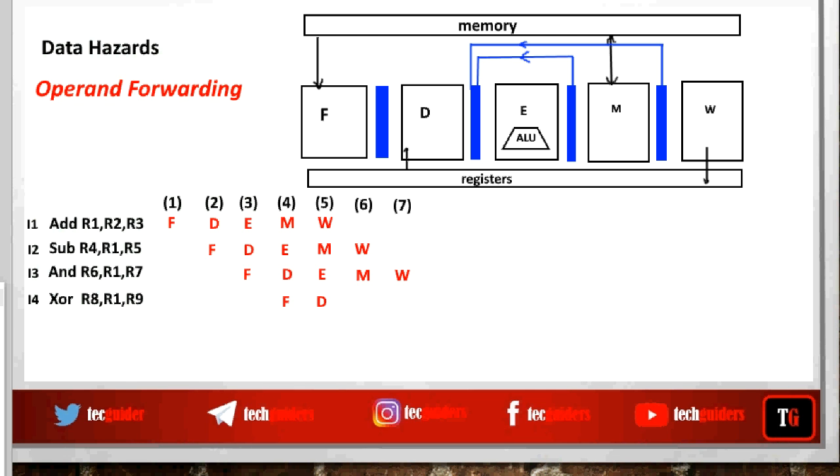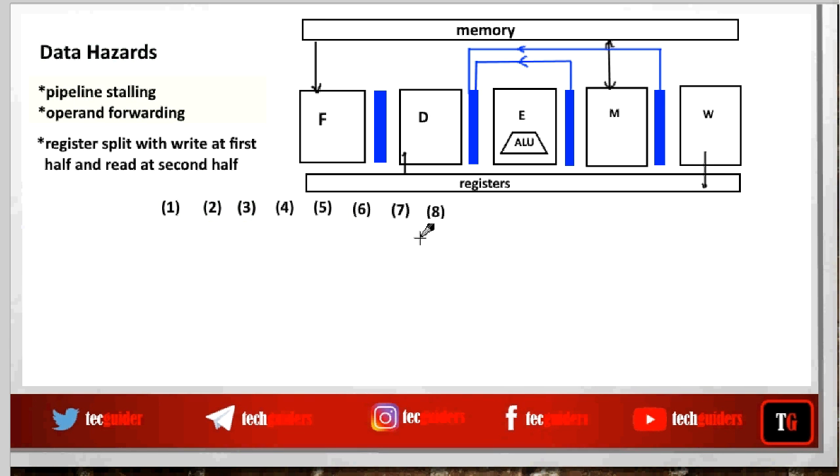If we can arrange the registers such that a write always happens in the first half of that clock cycle and a read always happens in the second half of the clock cycle, then in the first half of the fifth clock cycle itself, the content will be written to the register R1, and in the second half of the fifth clock cycle, we will be able to read the data from the register R1. Hence, we can execute I4 also without causing data hazard and producing the instruction out in the next clock cycle itself.